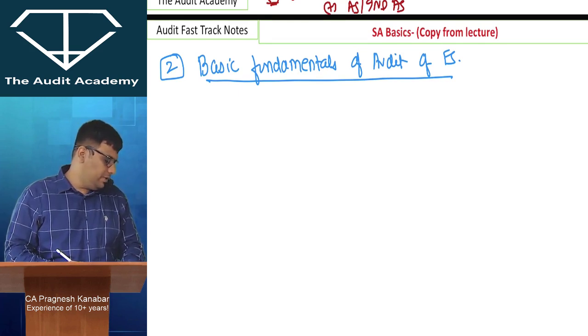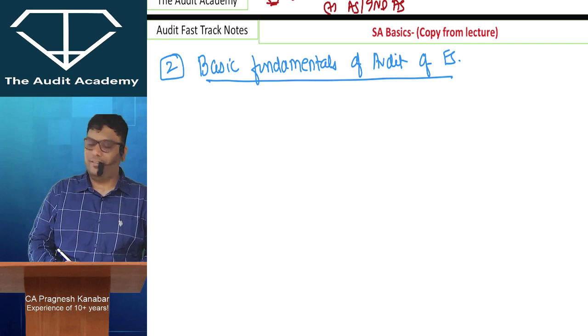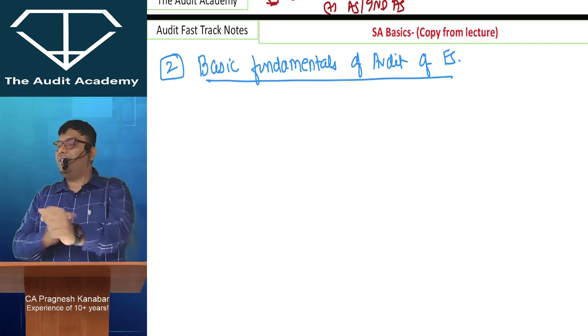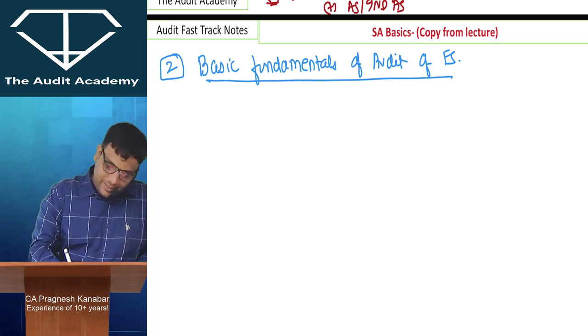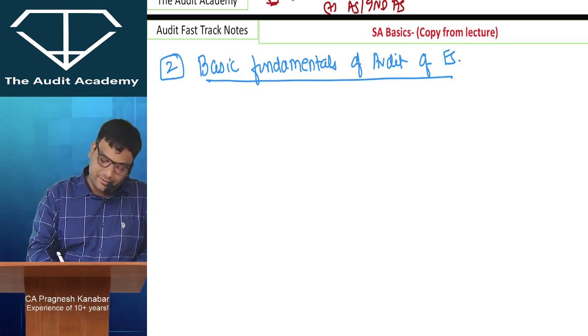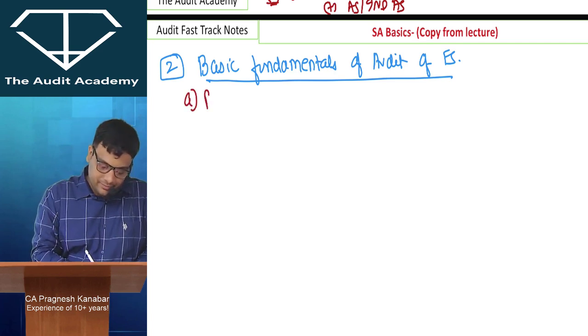Today your hands will be utilized for the right purpose. Basic fundamentals of audit of financial statements. Alright. Hey, come on, you know this. Preparation and presentation of financial statement is the responsibility of management. So I just want those 4 or 5 lines very clear. You may know the concept, but the words, I'm worried about the words.